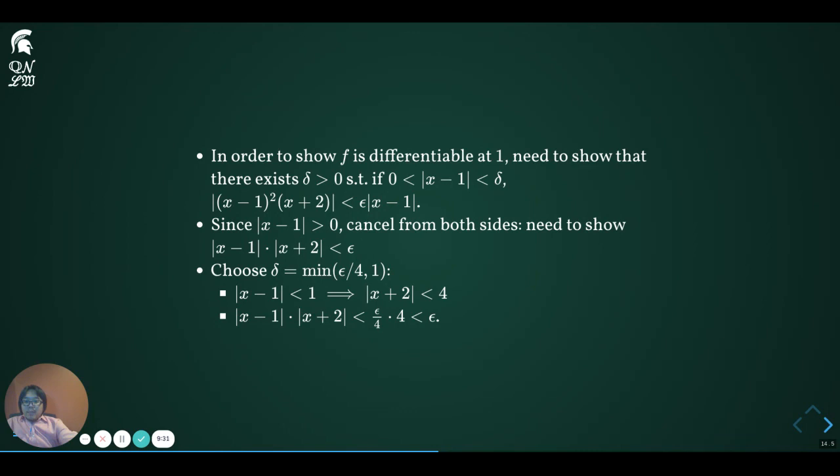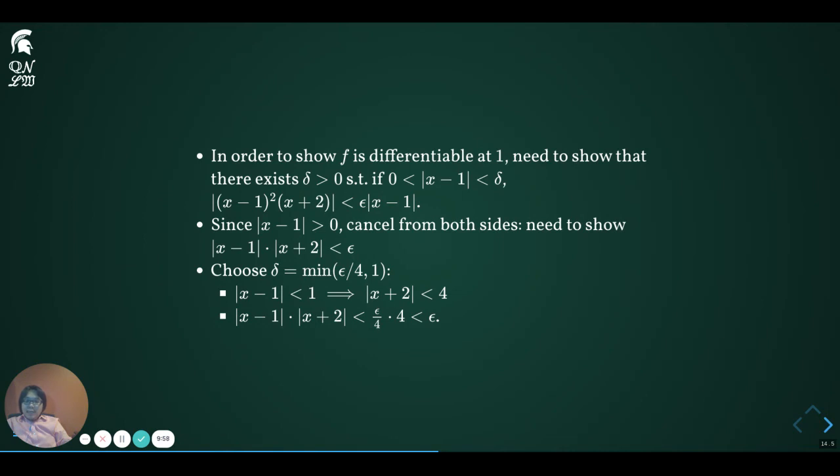And so now we are finally ready to choose our delta. I will choose delta to be the lesser of epsilon over 4 and 1. The reason is that if I choose absolute value of x minus 1 to be less than 1, then x plus 2 can be no more than 4. And hence, absolute value of x minus 1 times x plus 2 is at most absolute value of x minus 1 times 4.